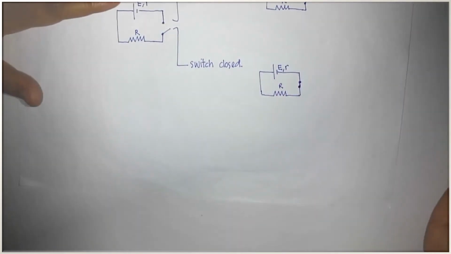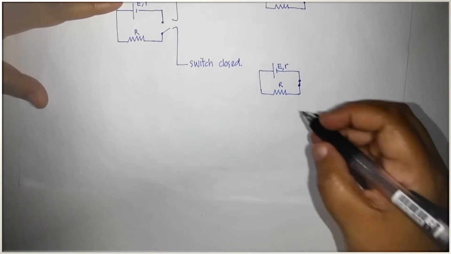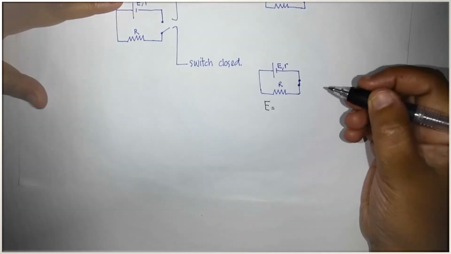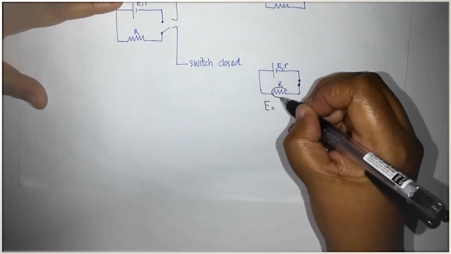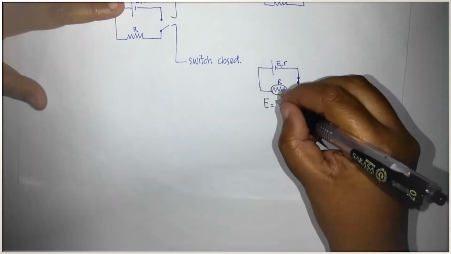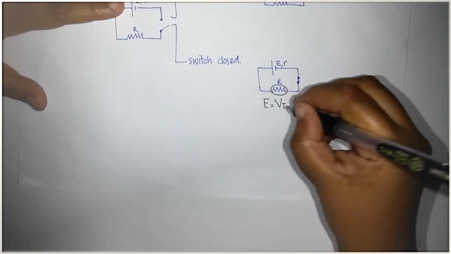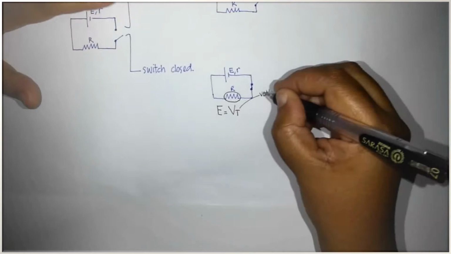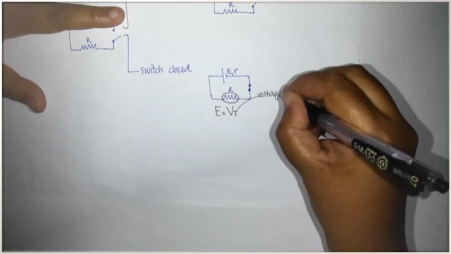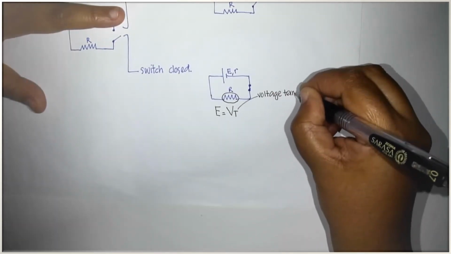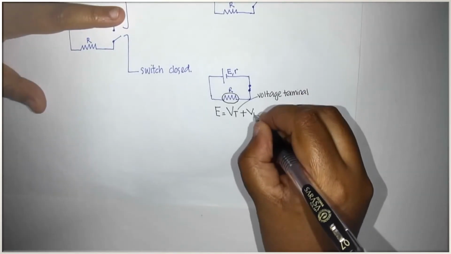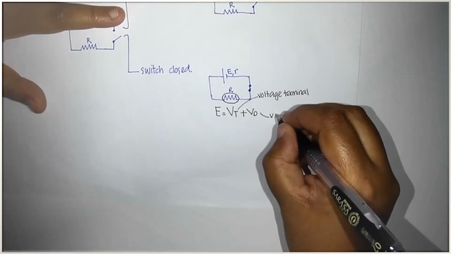If you look at the circuit, class, the total EMF of the circuit is equal to the voltage across the external resistance, which is VT, we call it the terminal voltage, plus VD, which we call the voltage drop.